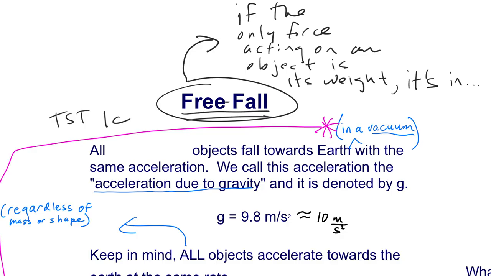Okay, now you might say, well, Mr. Noyes, I'm sitting in my chair right here, and the only force acting on me is my weight, so why am I not in free fall? Okay, so here's you in your desk.